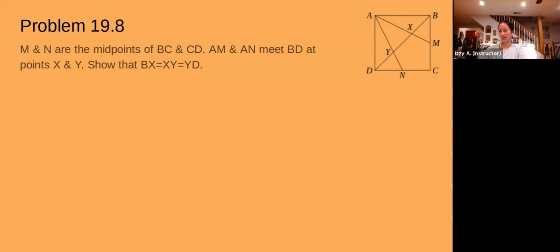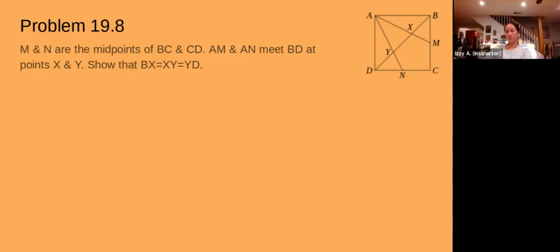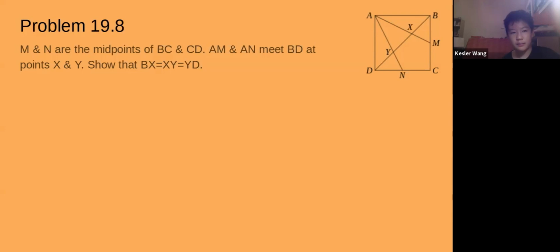In other words, X and Y trisect BD. I'm just asking, technically ABCD is a square.